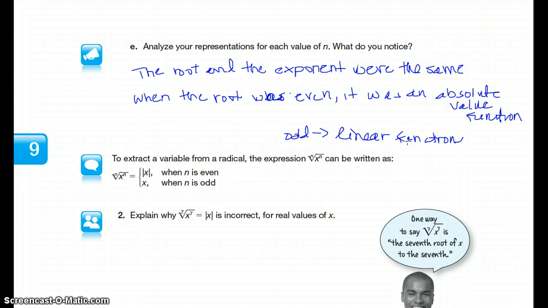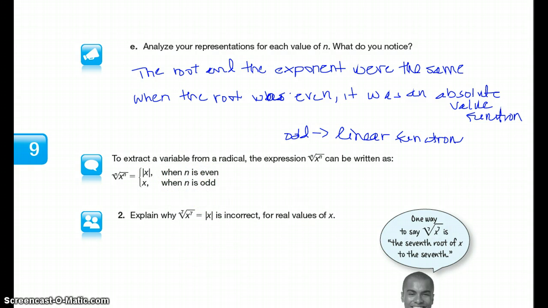So those are 2 things that we're going to keep thinking about as we go through it, and that's what they're showing here. They're saying, okay, to extract a variable from a radical, here's my radical. It can be written as this. If you're going to take a root of something, you're going to get the absolute value when n is even. And you're going to get a regular x when it is an odd exponent.